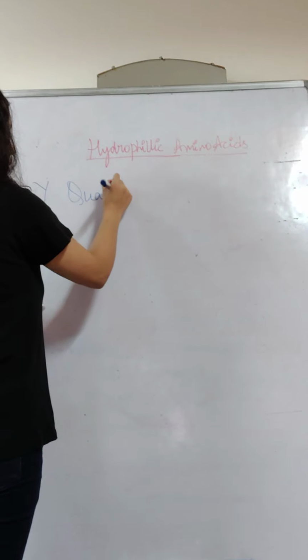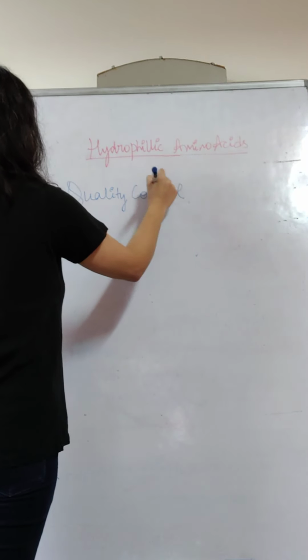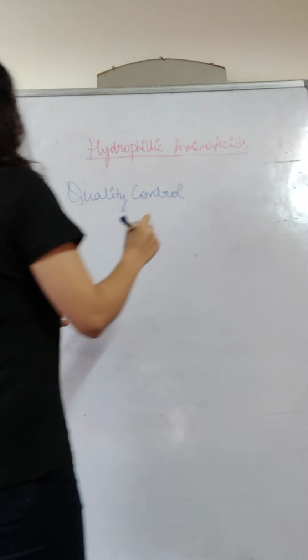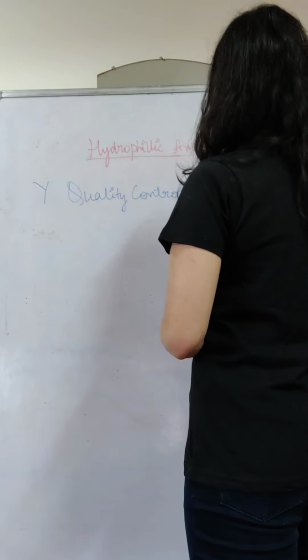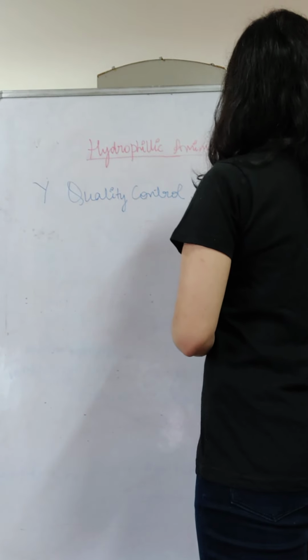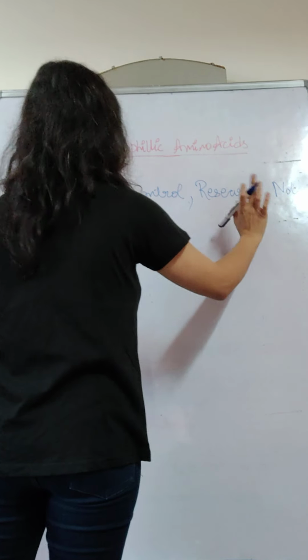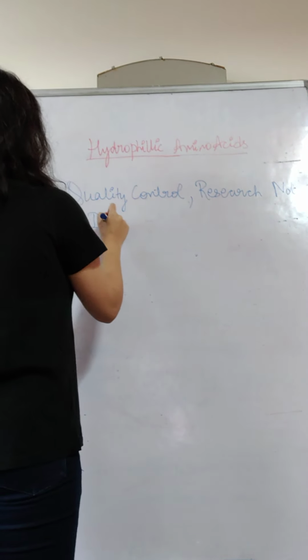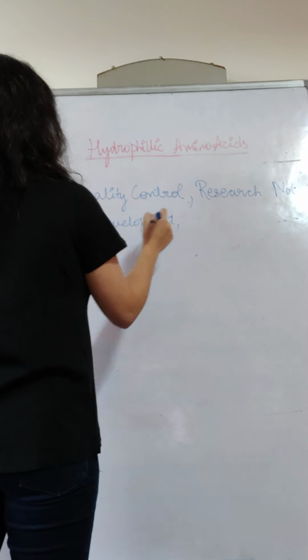quality control? This you study in your graduation and post-graduation. Quality control, research and development you do, and here it should be R and D, okay, the short form. Research and development.